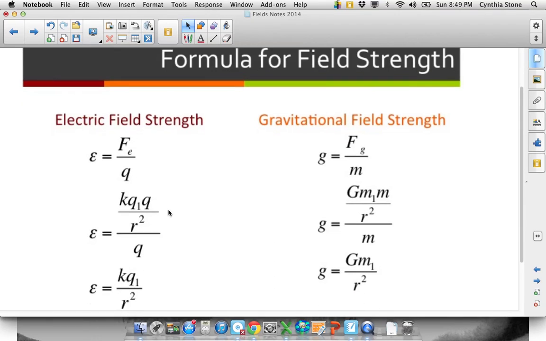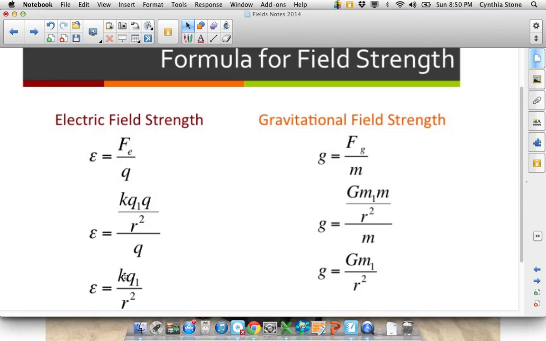So the formula, looking at it, is the same. If we look over here at g, follow me down, you've done this before: gravitational field strength is the constant times the mass of the object creating the field, like the mass of the planet, divided by the radius of the planet squared, right? Electric field is the exact same.